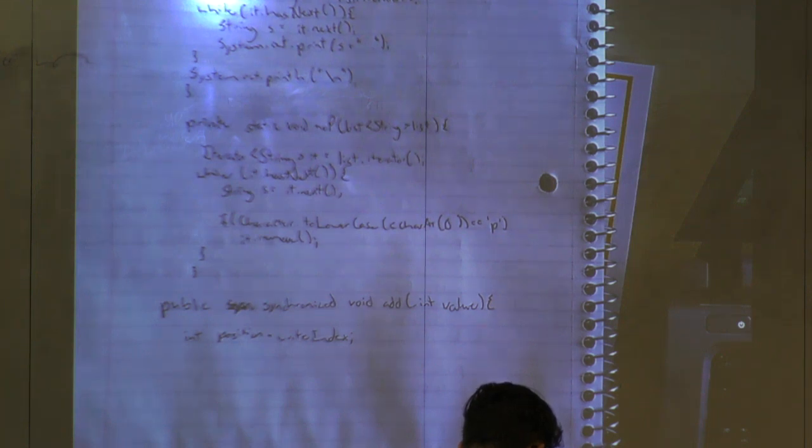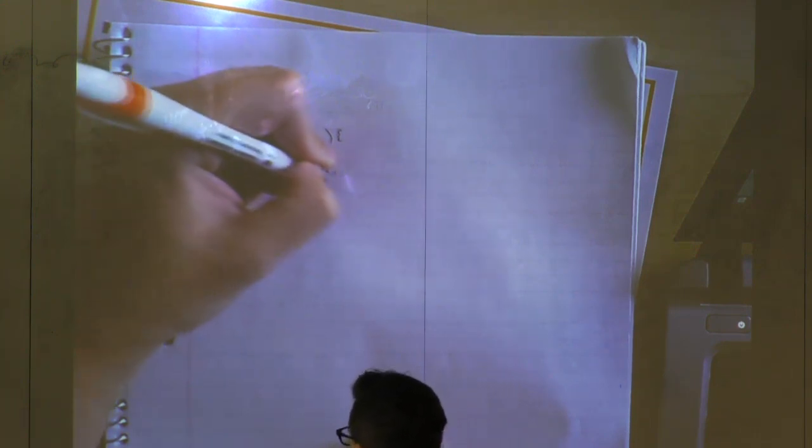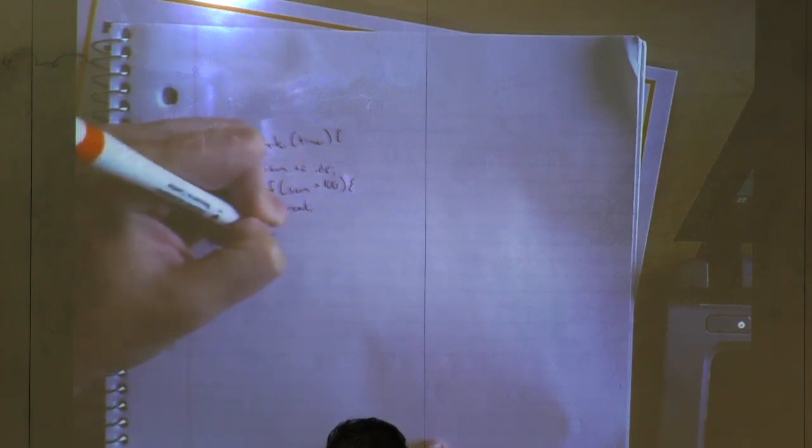The break statement will end a loop if it's encountered. So if you see something like this, right, here we have some index variable that gets added to every time the loop runs.